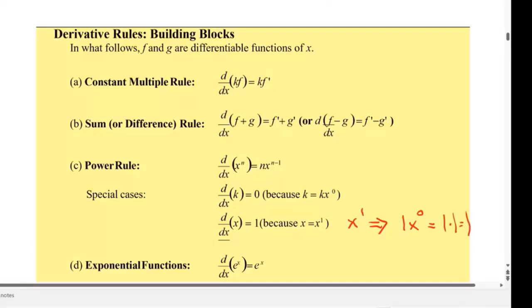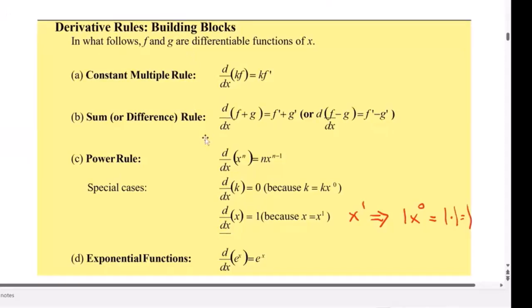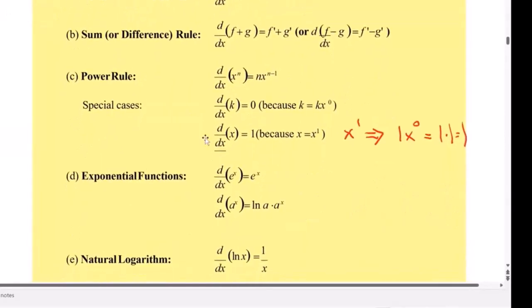Anything to the 0 power is 1. So that handles that. The derivative of e to the x is e to the x. I'm not going to explain it in this class, but just trust me, it's true.